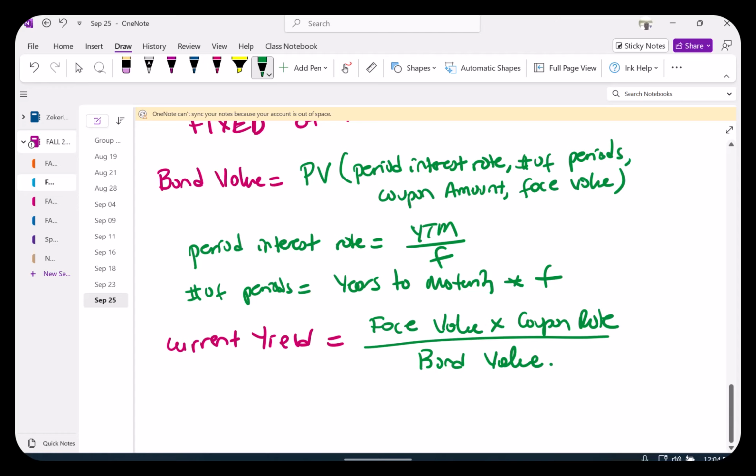The only reason we even define this thing is that it is similar to what we call dividend yield in the stock market.